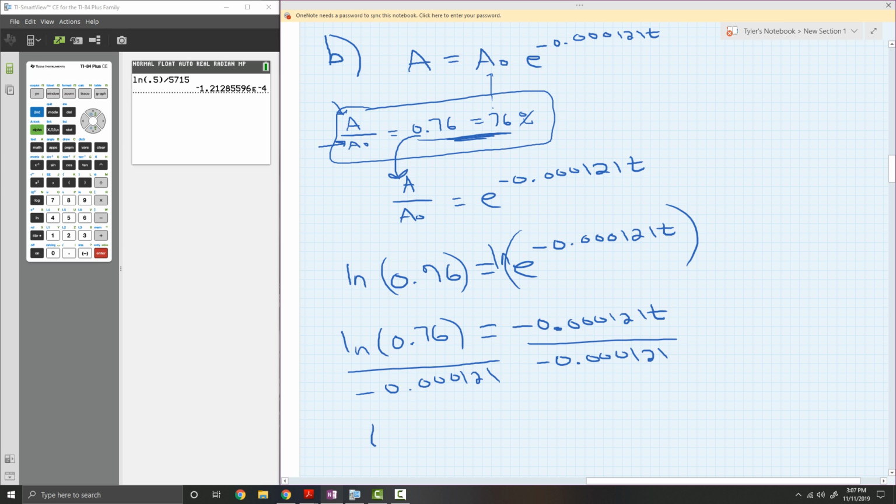Right? And we're left with t equals the natural log of 0.76, all divided by negative 0.30121. If you throw that in your calculator, you should get approximately 2,268.